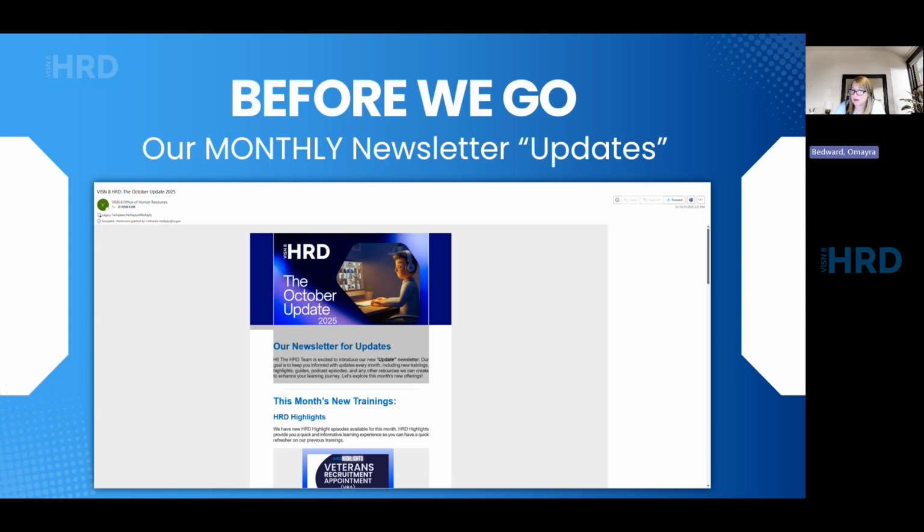I'll provide the link for the HR hub at the end so you can have it. If not, just go to the SharePoint for VISN 8 and make sure that you pick the correct section. There's a section for supervisors, there's a section for employees, and there's a section for HR staff. So make sure that you go under the HR staff.